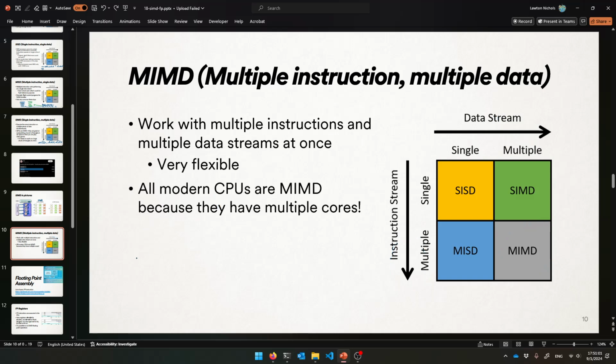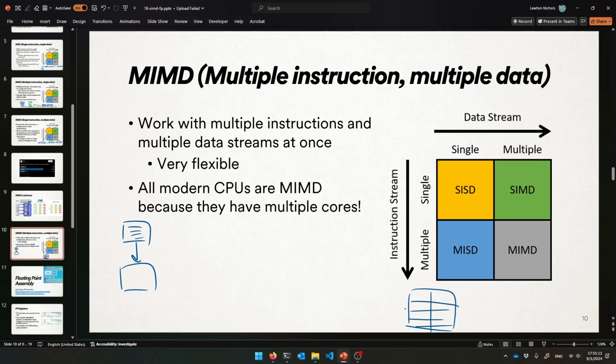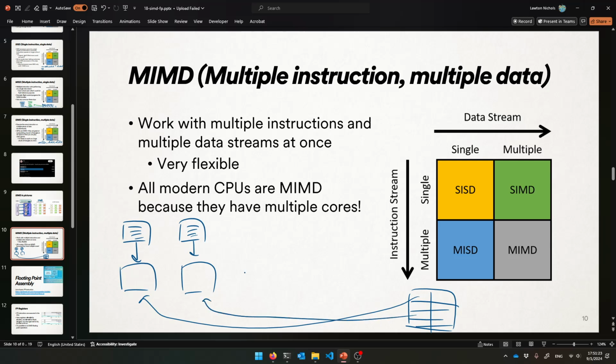Modern CPUs these days are all MIMD. You've got all your code running on one core, and that core is talking to memory. You can read from memory all at once, separately. That one is reading from memory here and messing with it and doing stuff. Then you have another core that has its own instruction stream, taking some data from memory over here, with its own data stream.